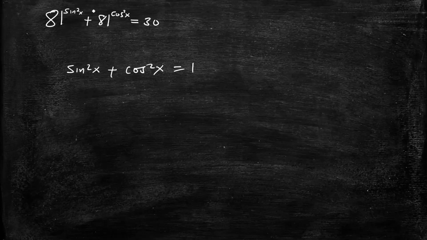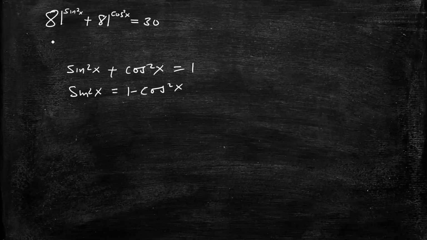You can choose to make one the subject and substitute it into the other. So let's pick sine squared x. We can make it the subject, then substitute it here. So sine squared x is the same as 1 minus cos squared x.